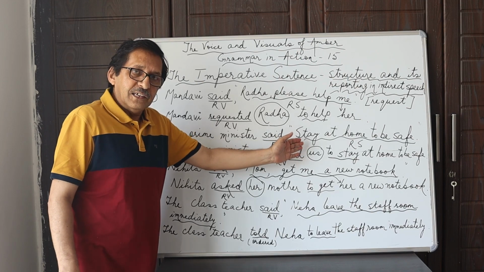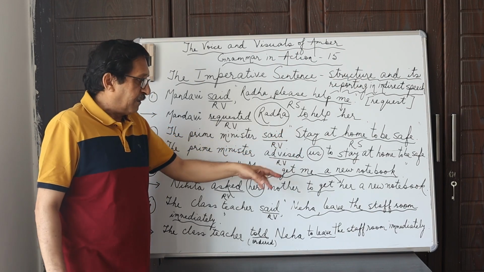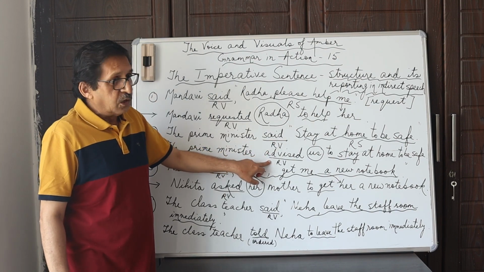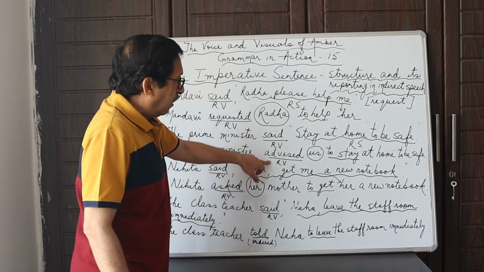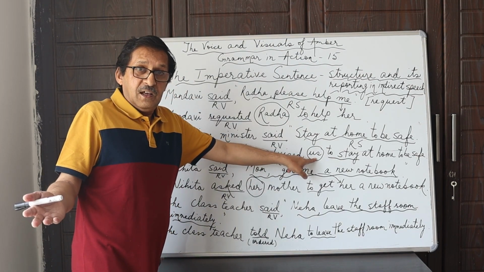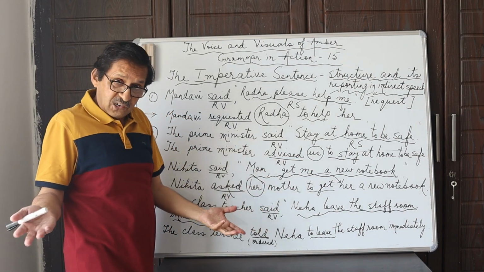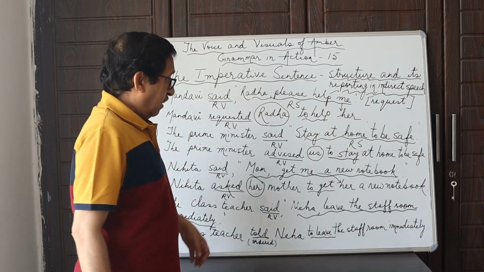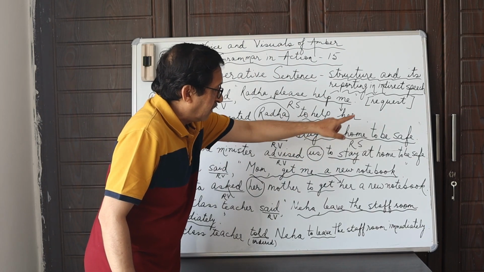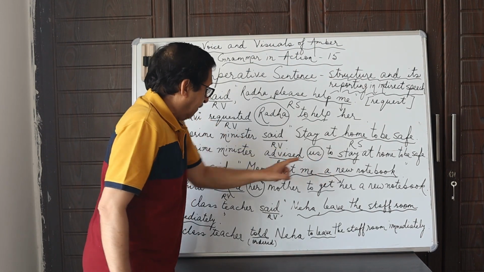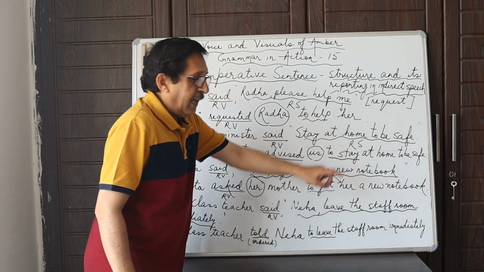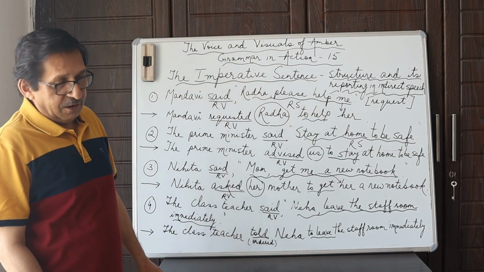So it's very clear it was in the form of an advice. So said, simple past tense, therefore advised also in the same tense. Advised, now obviously advised the countrymen, advised us, advised Indians. Then to, we remove the comma and the inverted commas with the help of the infinitive. So the Prime Minister advised us to stay at home to be safe.